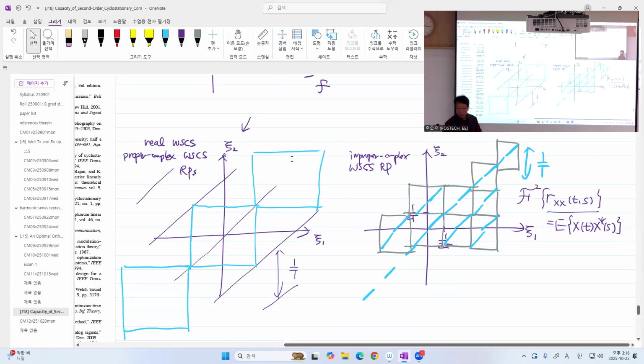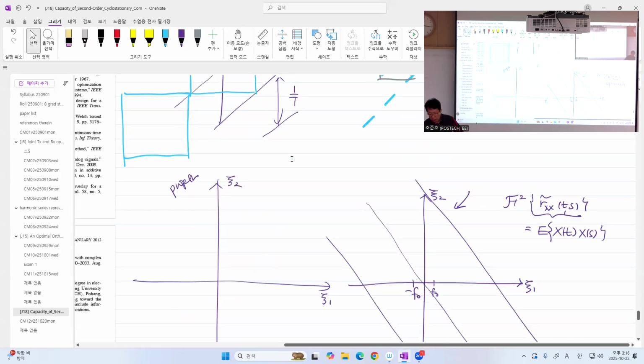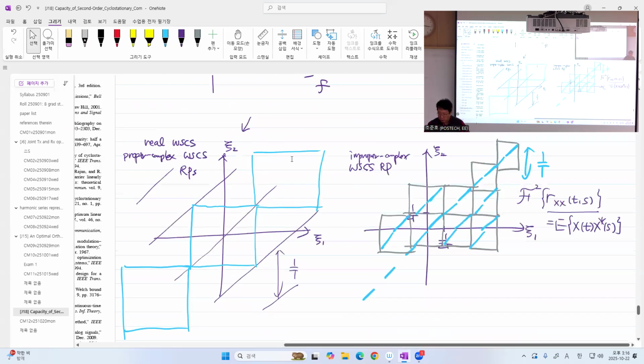So now, by combining these two, we can say something interesting. See that? This frequency component F0 has correlation with itself and itself plus an integer multiple of 1 over T, right?